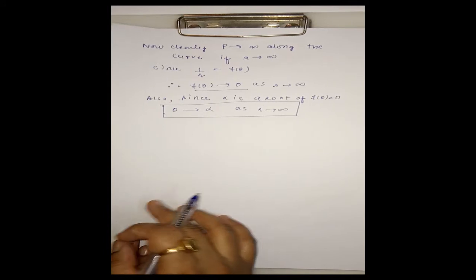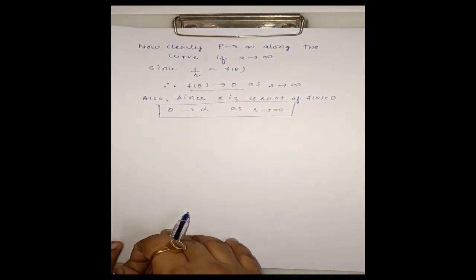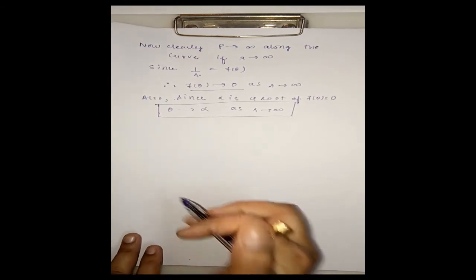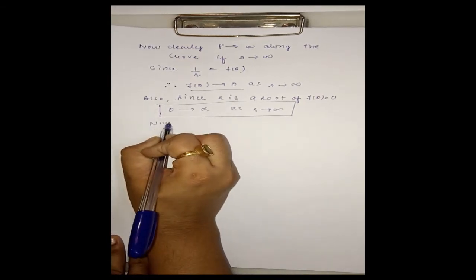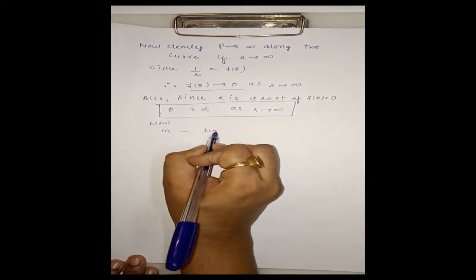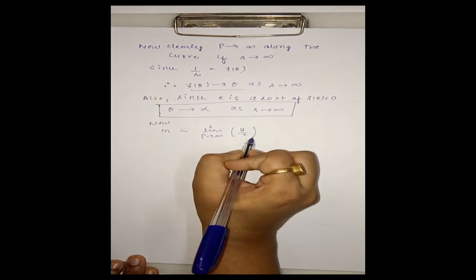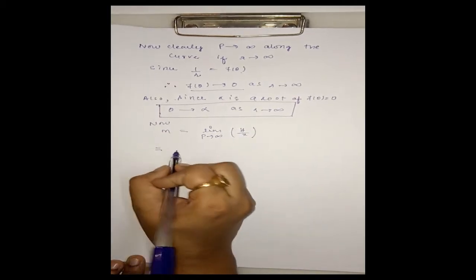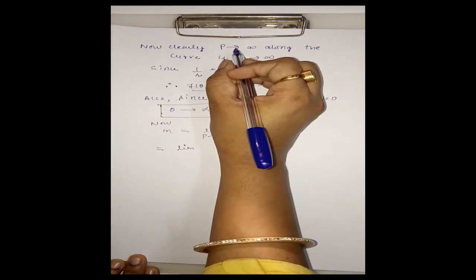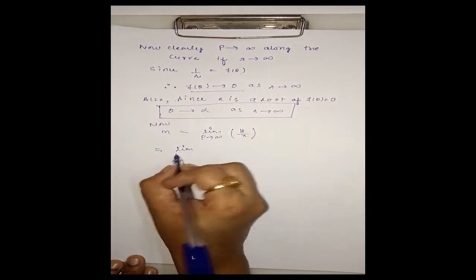For finding asymptotes, we have to find m and c, and substitute those values in y is equal to mx plus c. Now m is given by the limit as P tends to infinity of y by x. As P tends to infinity, theta tends to alpha.